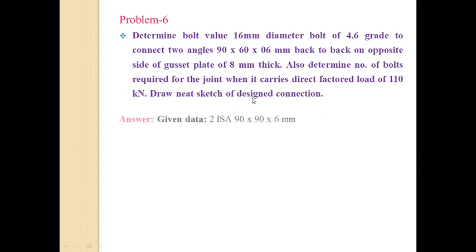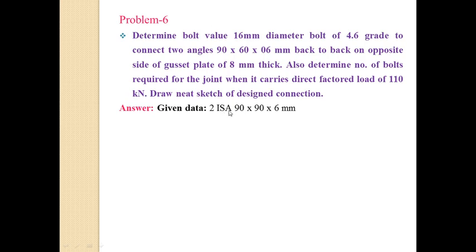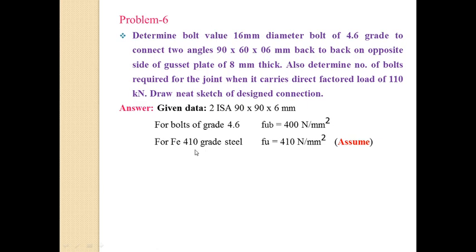So let us see what is given. Two ISA 90 by 60 by 6 mm angle sections are given. The bolt grade is given, that is FUB 400 Newton per mm square. Steel grade is not given, so we are assuming it, Fe 410, meaning Fu is equal to 410 Newton per mm square.